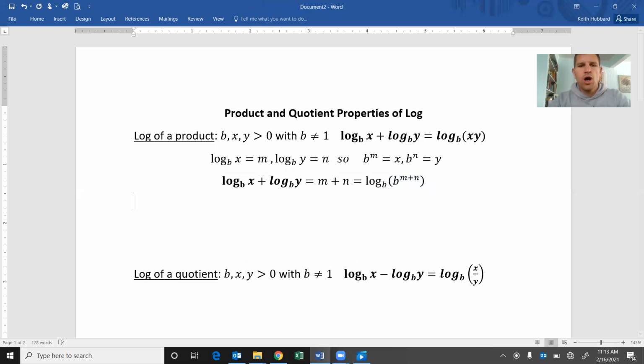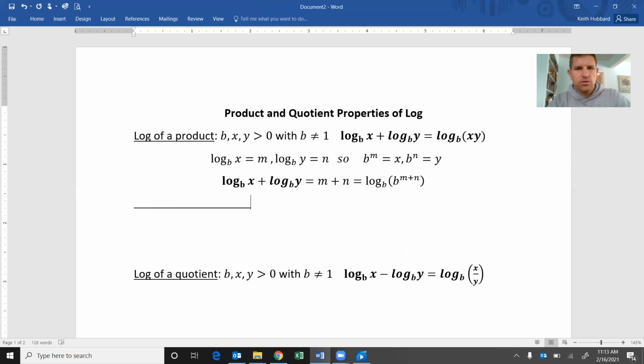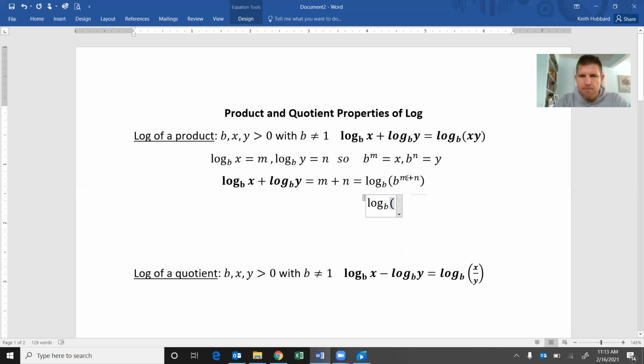Well, why would that be relevant? It would be relevant because now I can write that as log base b. Now you remember what happens if you have b to the m plus n.